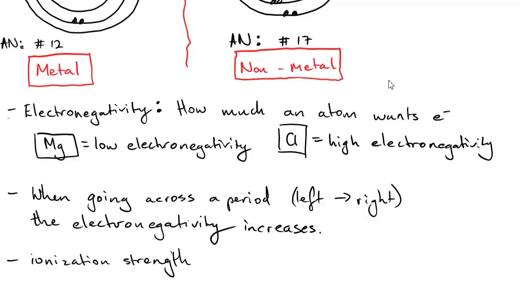Okay, so finally, ionization strength. So ionization strength is also known as the first ionization strength. It looks at how willing an element is to let go of its electrons.